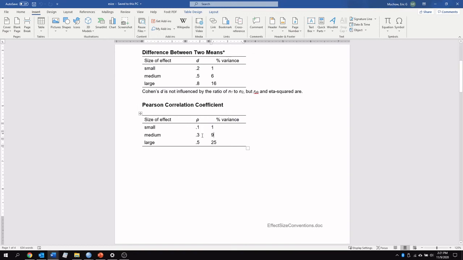And a quick heads up is that if you just square any of these values, you're going to get what's over here. So 0.5 squared is going to give us 0.25 or 25%. 0.3 squared is going to give us 0.09 or 9%. Same for 0.1. It's going to give us 0.01 or 1%.